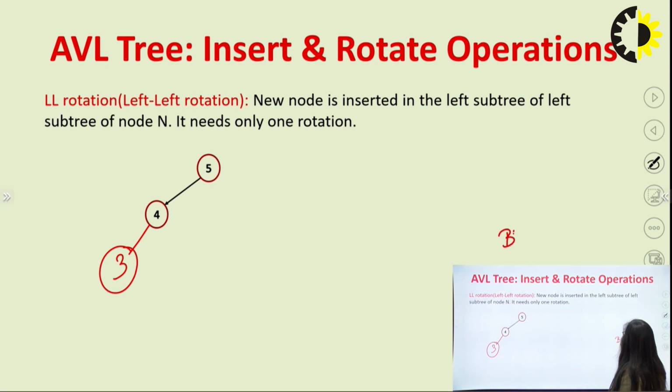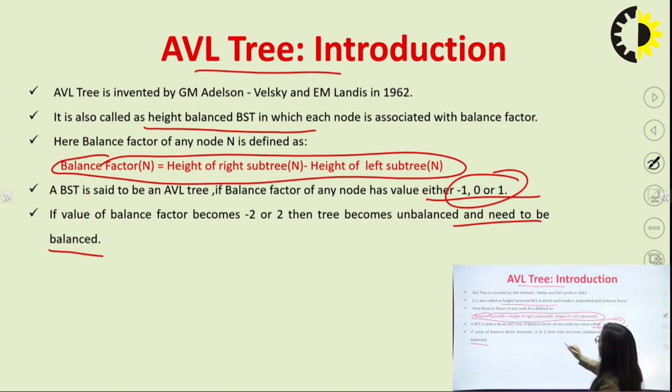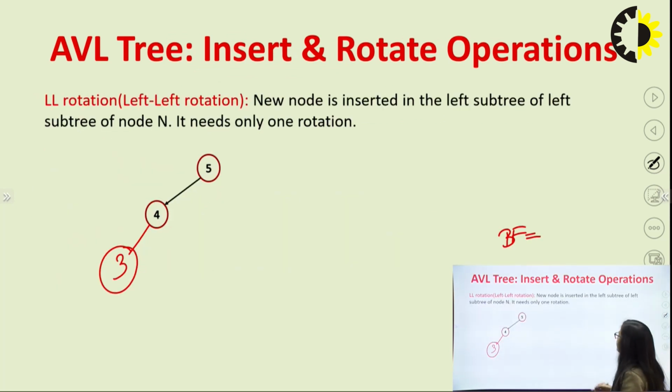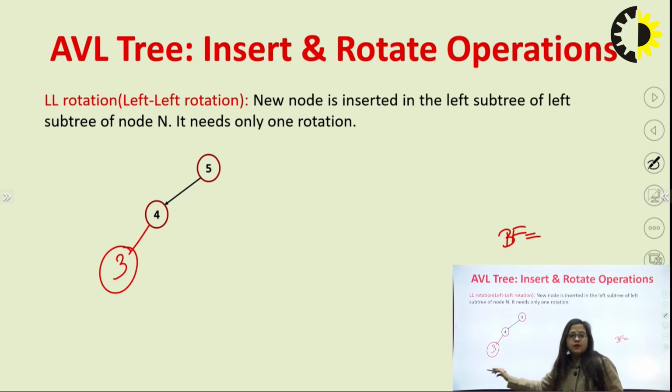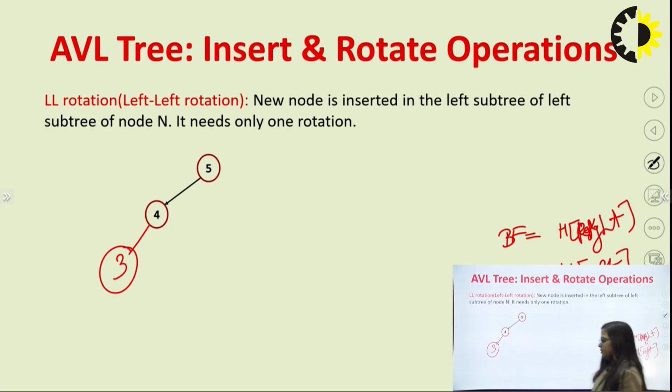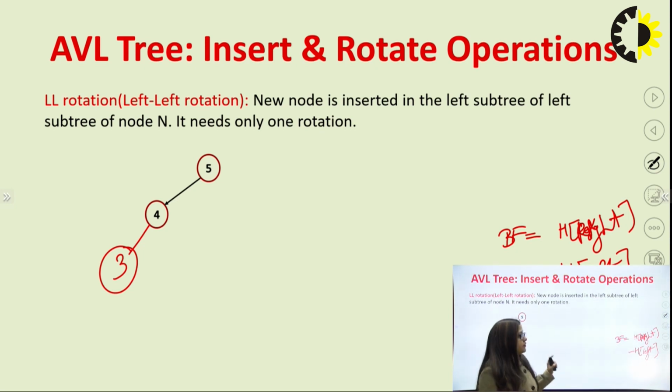Balance factor is height of right subtree minus height of left subtree. Here we check, first one is 5.